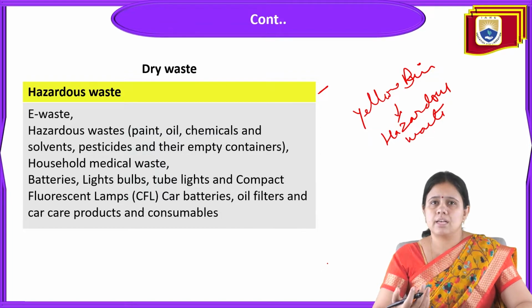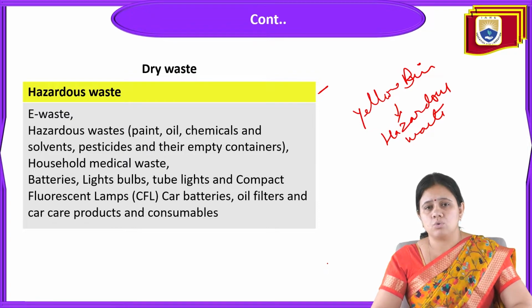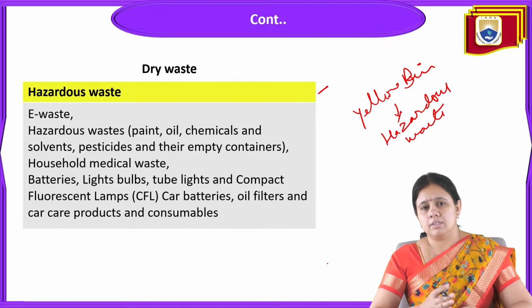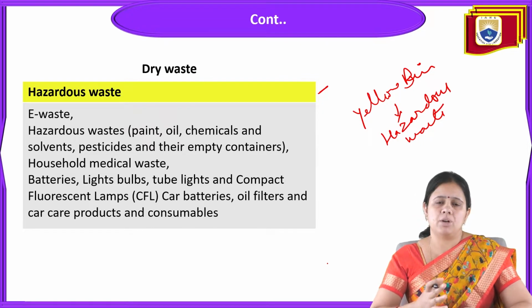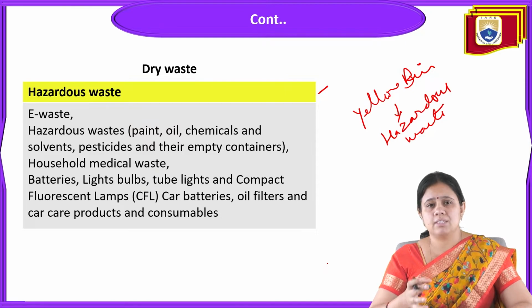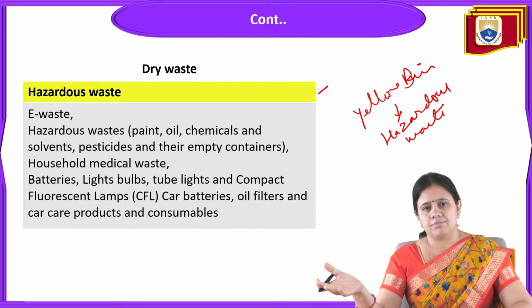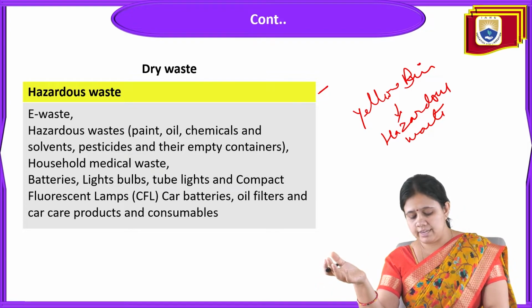So these are examples of hazardous waste originating from our household activity. Now what these people are doing is already segregating dry waste, wet waste, and hazardous waste. If they segregate at the first collection site, then unloading at the final delivery location is not tough.